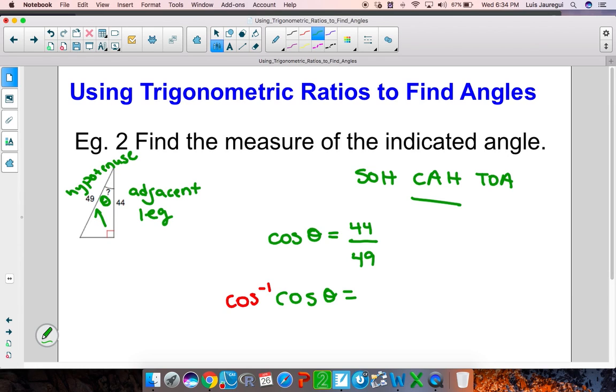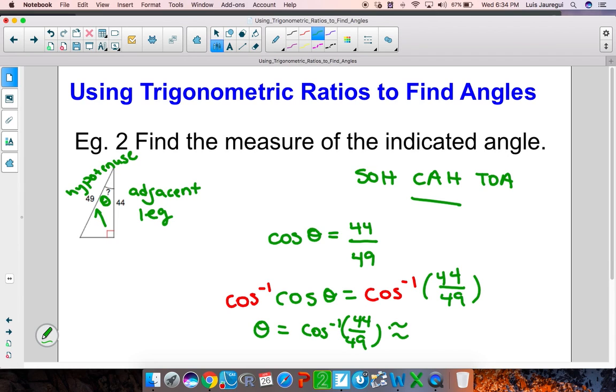Now, this is an equation, so whatever we do to one side, we must do to the other: cosine inverse of 44/49. Here, the cosine inverse and the cosine cancel each other, so you can just say theta is equal to cosine inverse of 44/49, which is approximately... well, let's see.